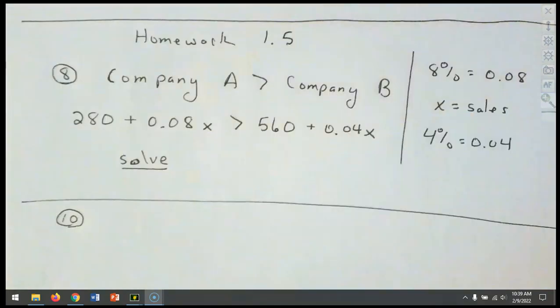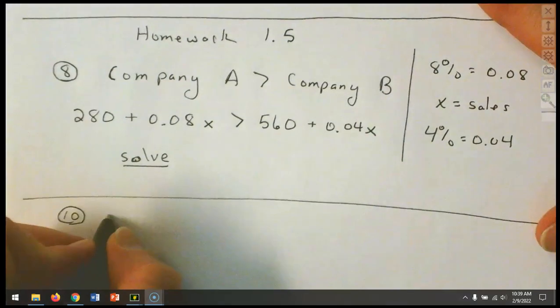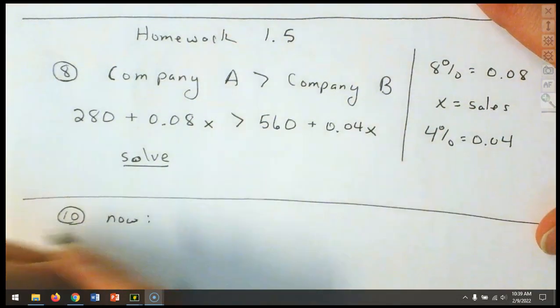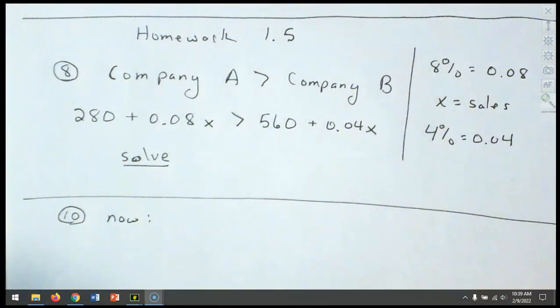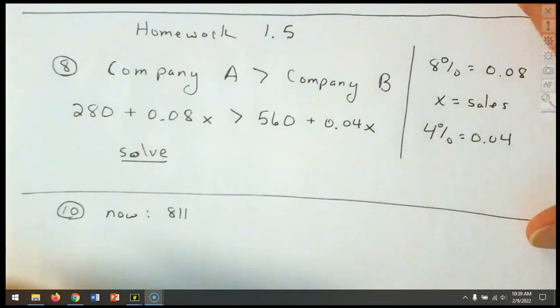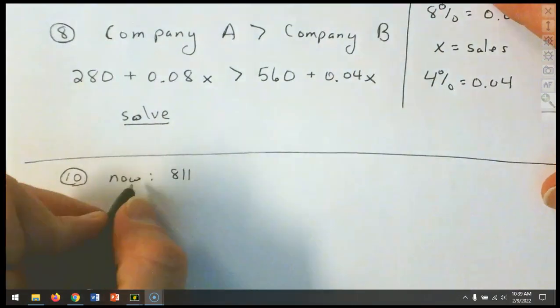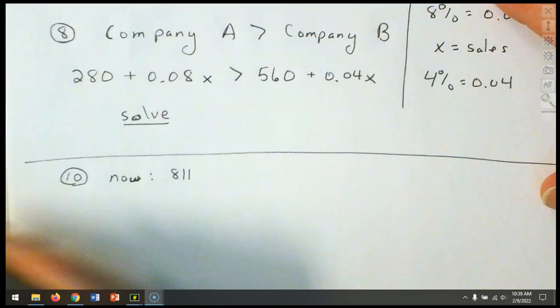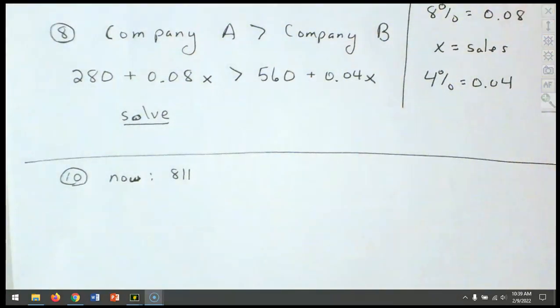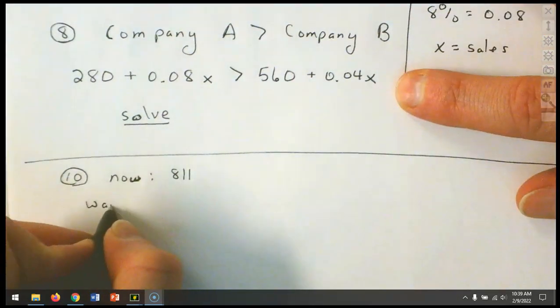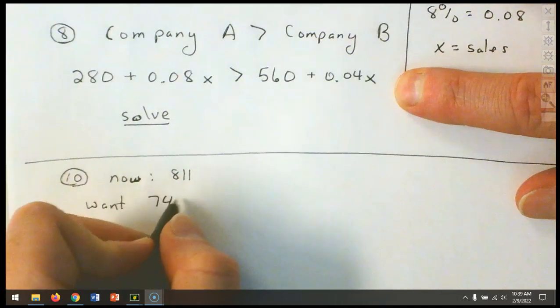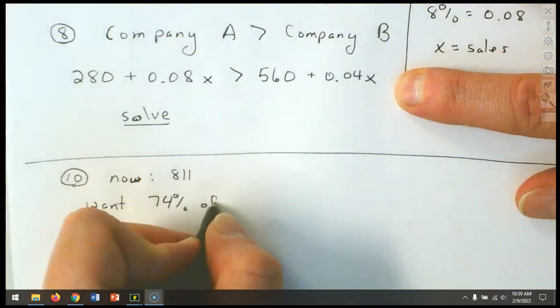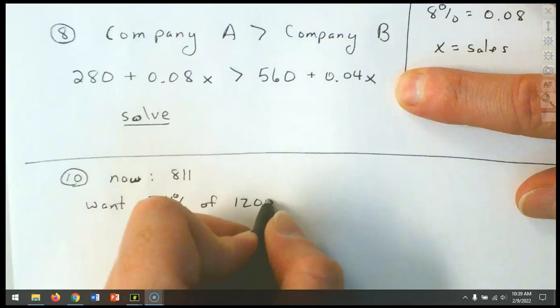So let's think about what we've got. What do we have right now? Well, right now, we have currently 811 points, right? That's what we've got now. Now we want 74% of the 1,200 points.